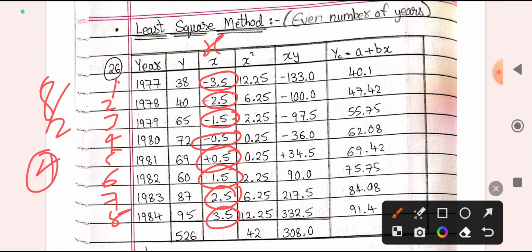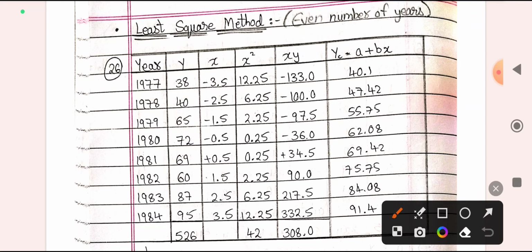Why are we doing like this? Between the fourth year and fifth year is the middle, so that will be 1 divided by 2, it is 0.5, and in the middle we need to take 0, so minus 0.5 plus 0.5 will become 0.